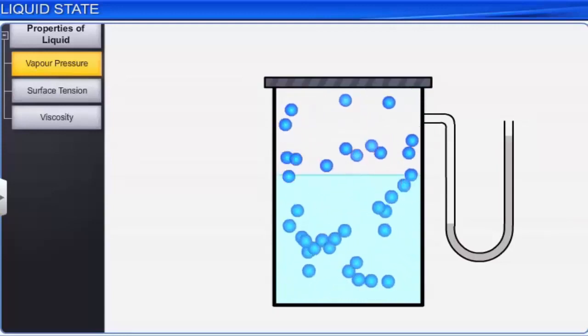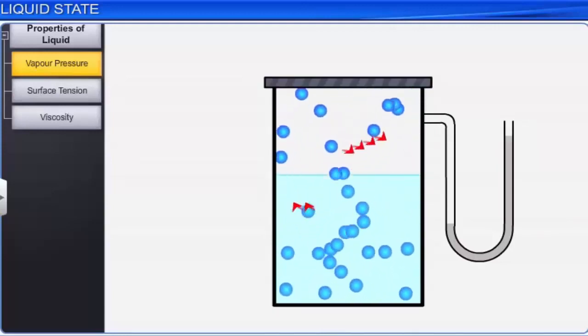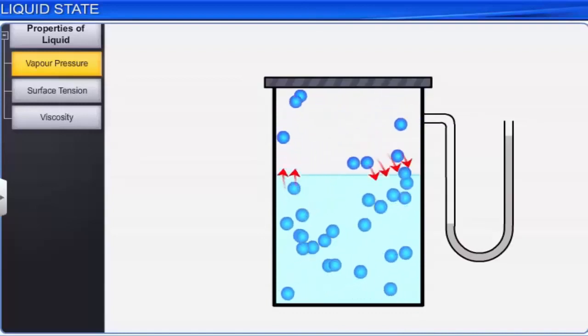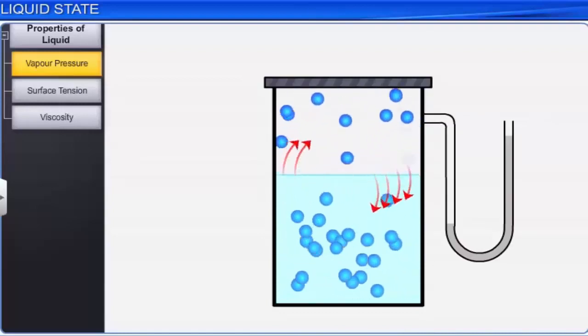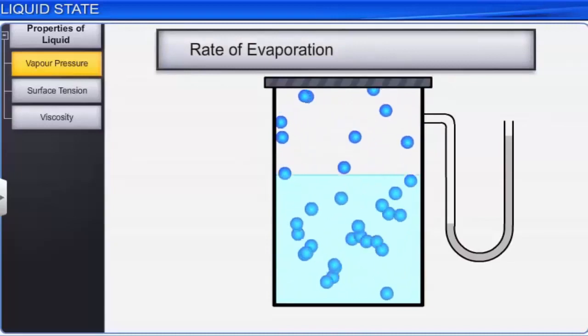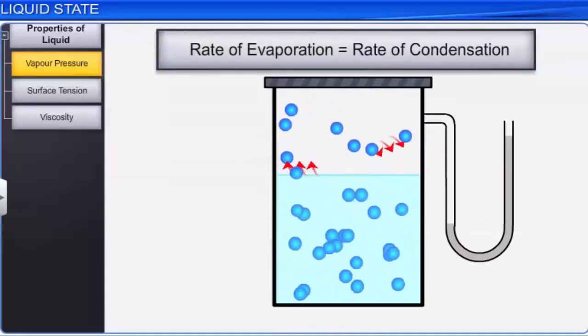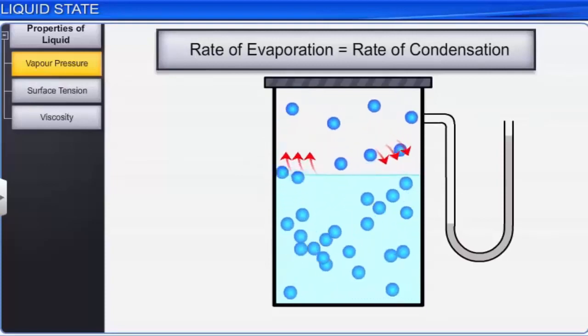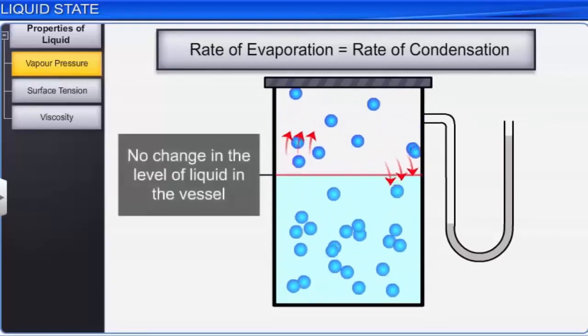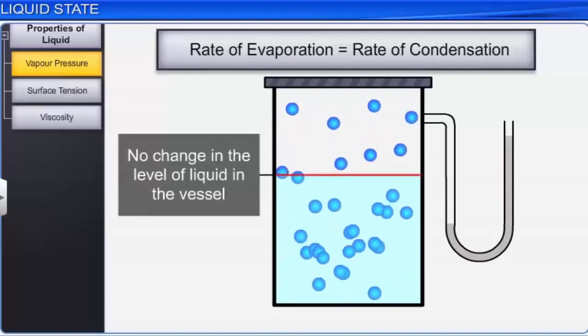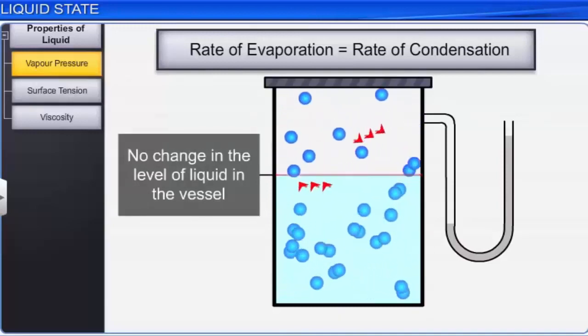Gradually, a stage is reached when the rate of evaporation becomes equal to the rate of condensation. At this stage, there is no change in the level of the liquid in the vessel, and the system is said to be in dynamic equilibrium, where the rate of condensation is equal to the rate of evaporation.